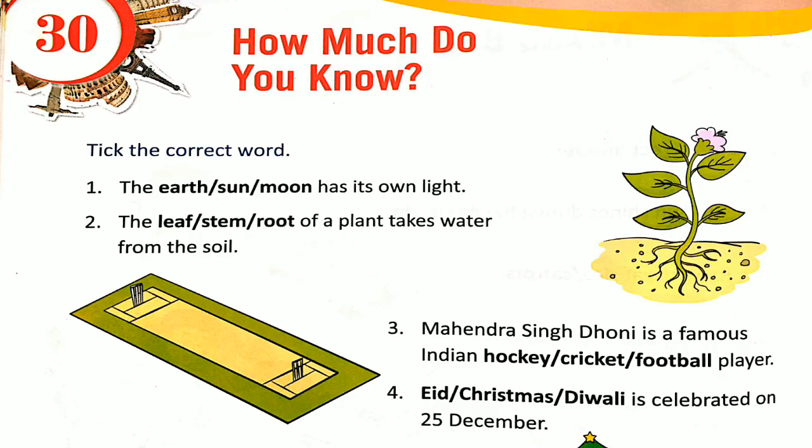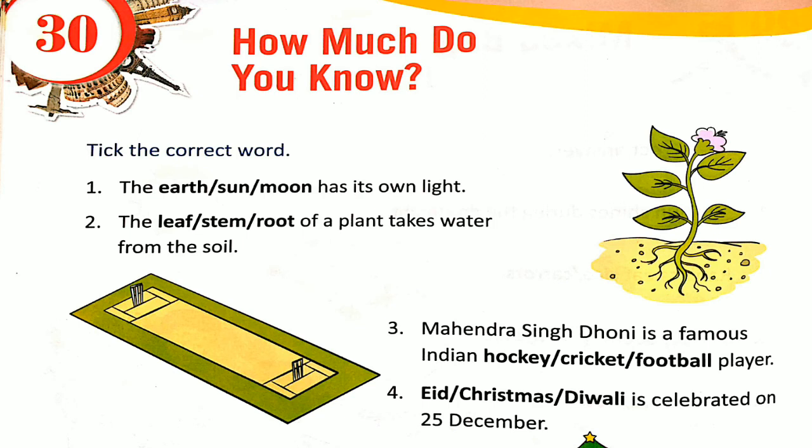Now next, we are doing an exercise on unit number 30. How much do you know? Children, you all write this exercise with me in your book. Tick the correct word.